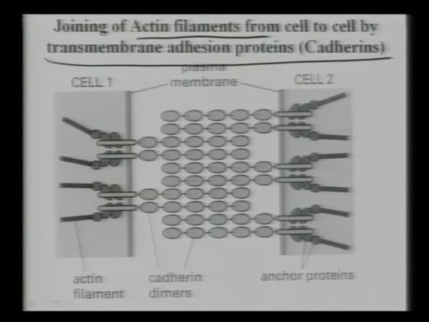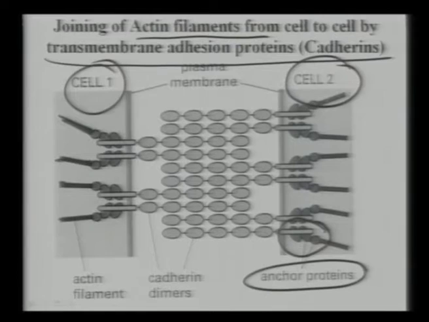Now this is part of cell 1, and this is part of cell 2, and you have these actin filaments here. You have these anchor proteins also. The anchor proteins are the blue ones, and the cadherin proteins are the green ones. So what happens is that a cell to cell junction is formed here, established by these anchor proteins getting connected to the cadherin dimers.